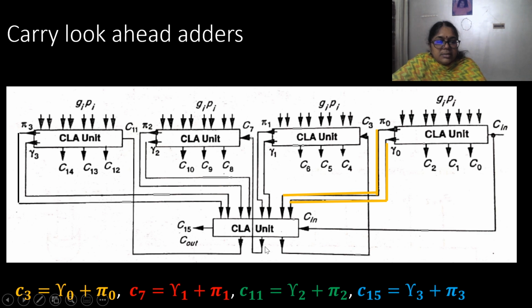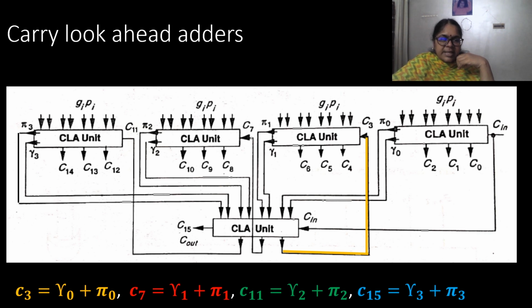And then automatically C3 is going to be generated. We know C3 is equal to P0 plus G0, so that is generated by this particular block, and C3 is readily available to the next carry look ahead adder unit. Similarly, P1 and G1 generated by the second carry look ahead adder unit are given as input to the 5th unit, and automatically C7 is obtained, which is given as input to the 3rd carry look ahead adder block.